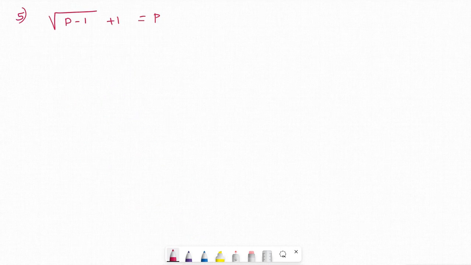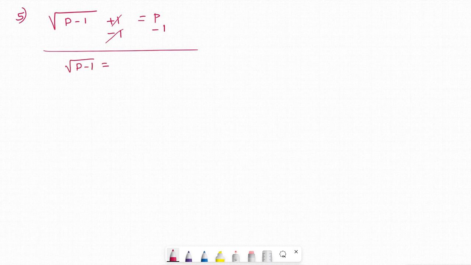Now let us have another one. Say square root of p minus 1 plus 1 is equal to p. How to solve this? We just need to eliminate that radical sign. So it is minus 1 on both sides, so that this cancels out, and square root of p minus 1 is equal to p minus 1, right?